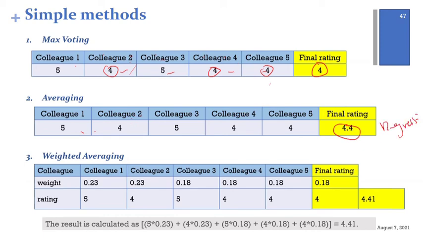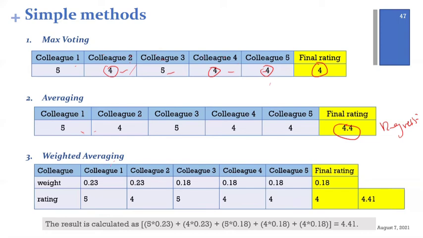And then we have what we call the weighted average. The weighted average is a case whereby we don't want to use the average directly. Rather, we assign some weight to each of the models, maybe by chance or based on expert opinion.